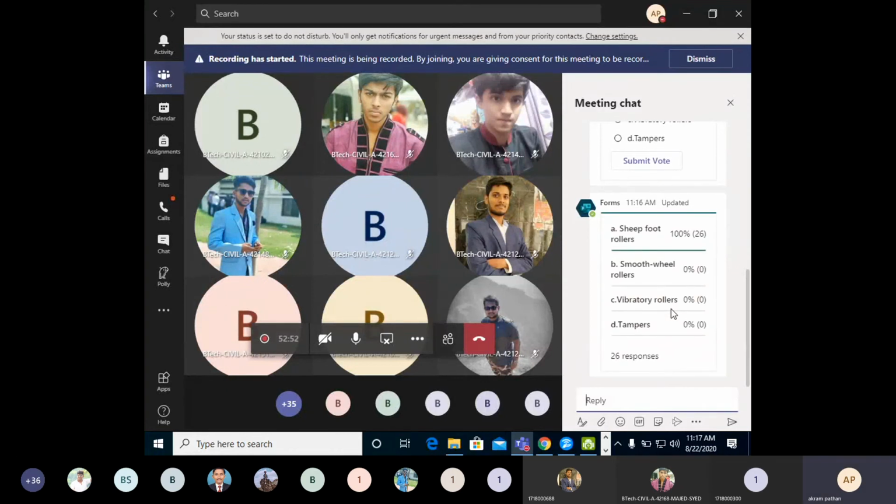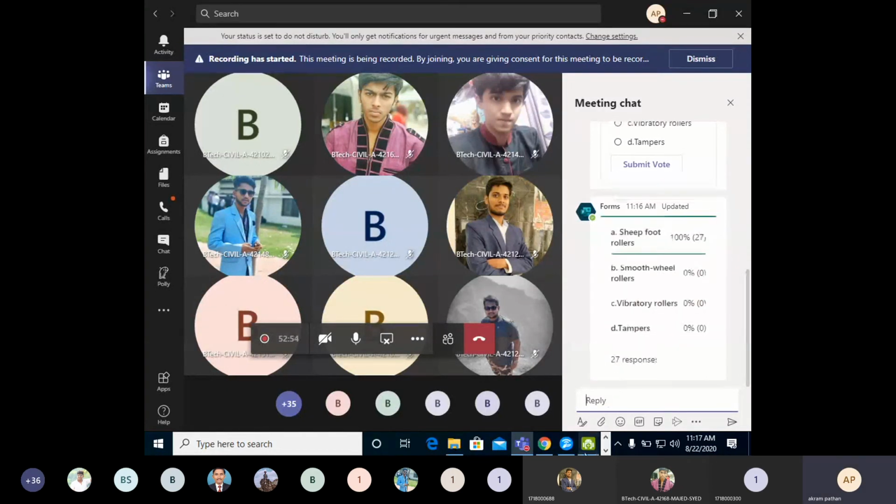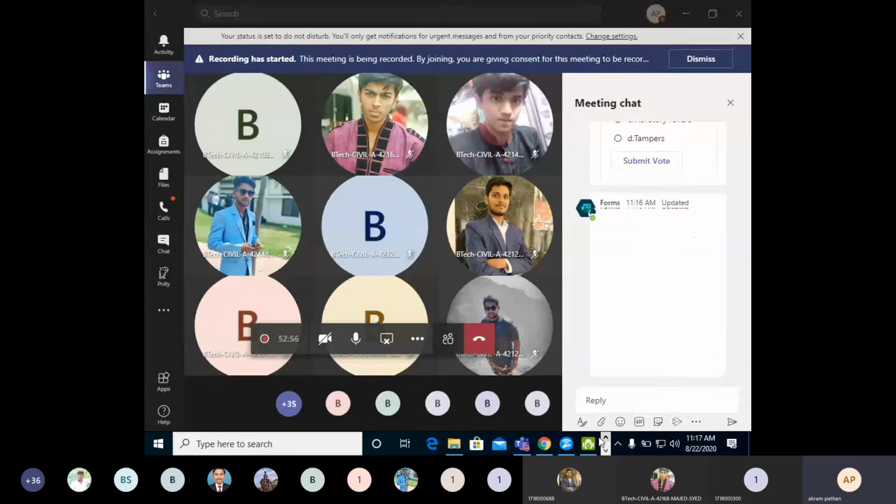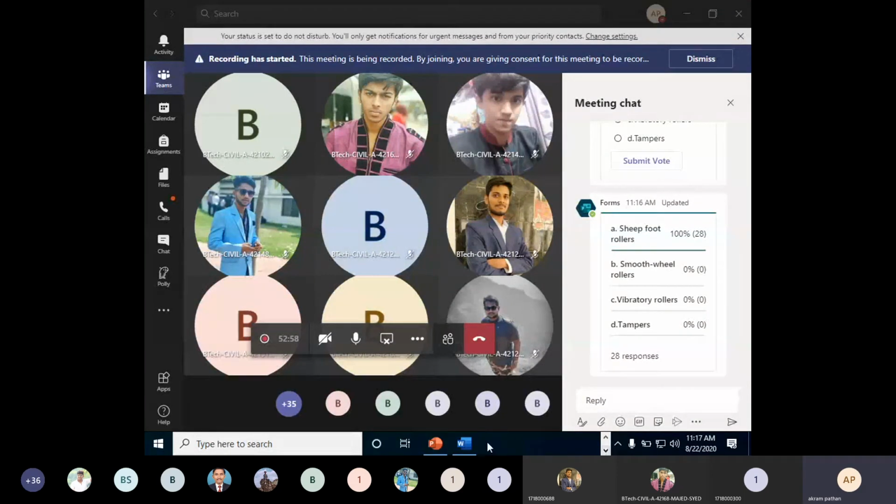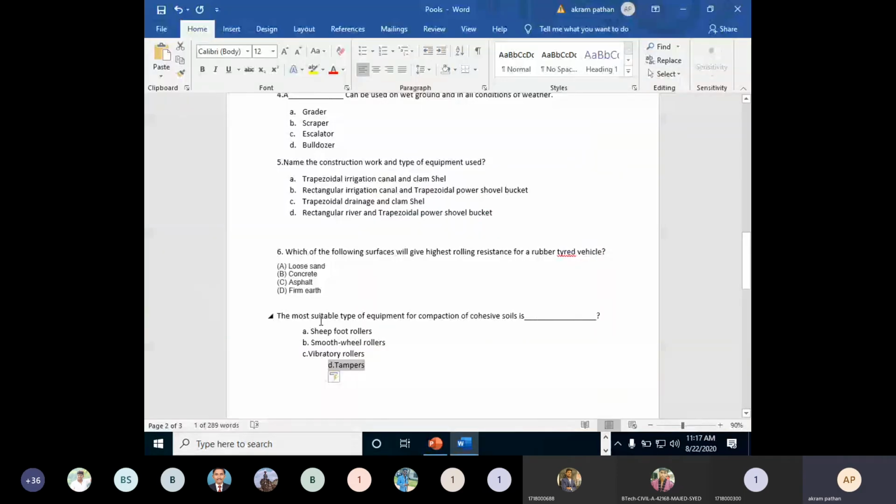sheep foot roller, or smooth wheel roller, or vibratory roller. So which type of equipment do we generally use for compaction of cohesive soil? Sheep foot roller, smooth wheel roller, vibratory roller.